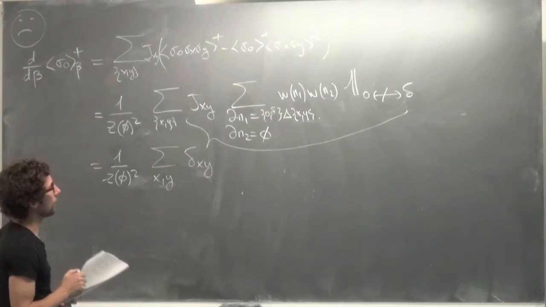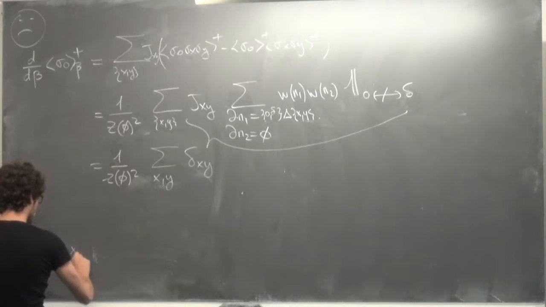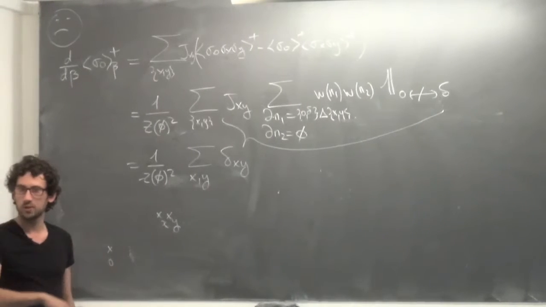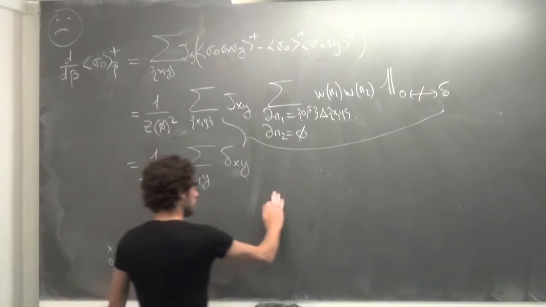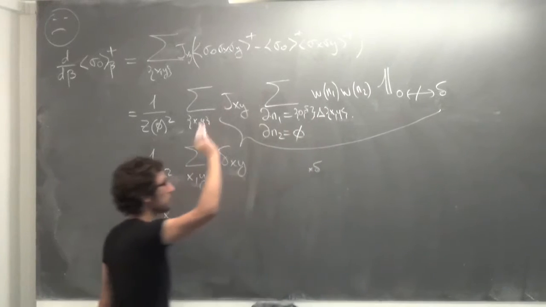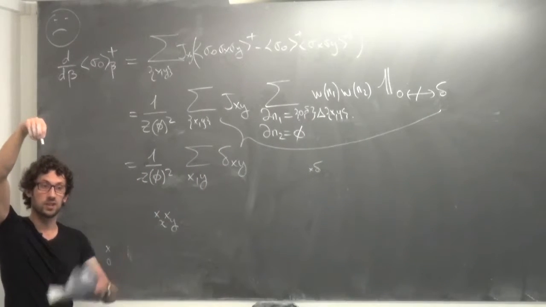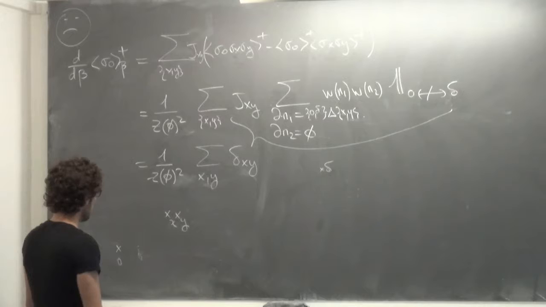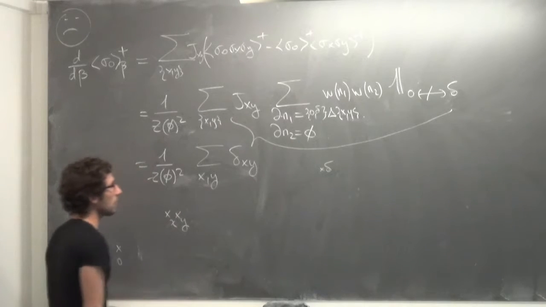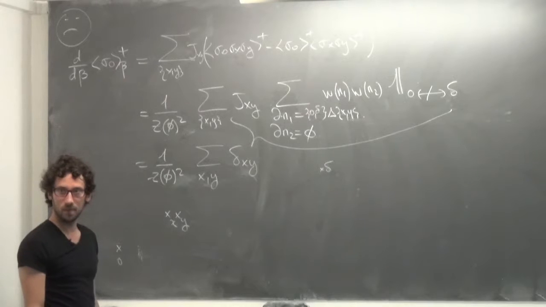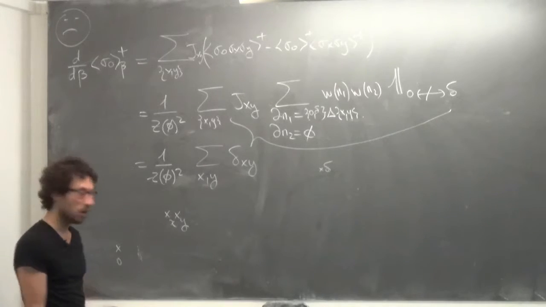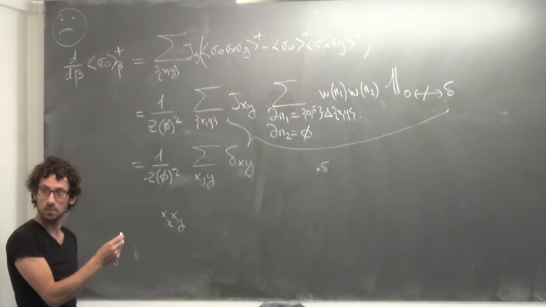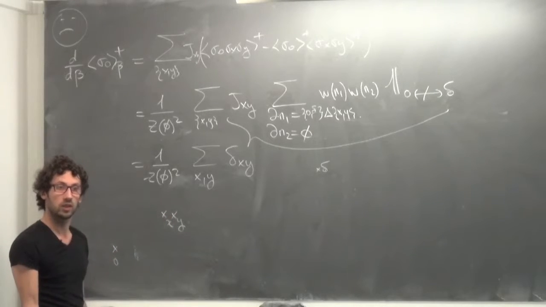Notice also that I have sources at 0, at x, at y, which I'm always going to draw as neighbors because it's simpler for the intuition, and at delta, which is this ghost vertex lying above everybody. But if there are sources at these places, and if 0 is not connected to delta, then the only possibility is that 0 is connected to x and y to delta, or the opposite, and x and y cannot be connected together.